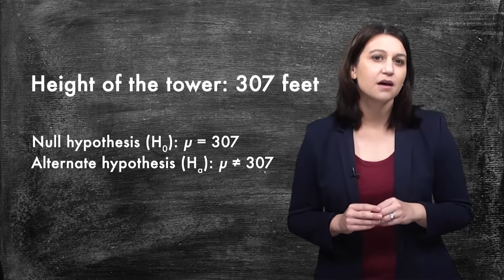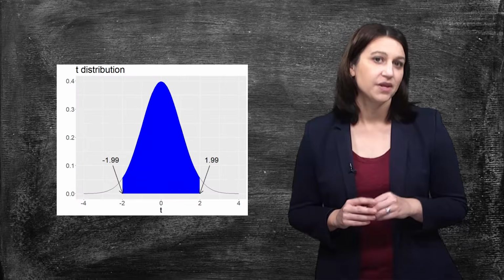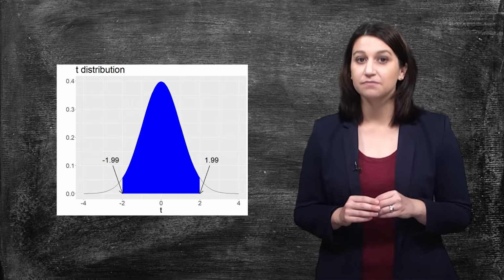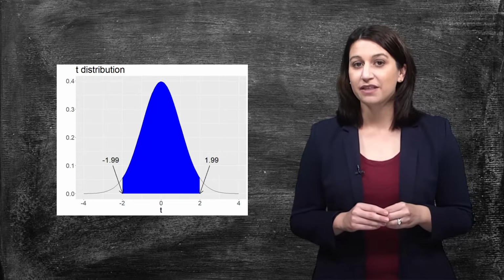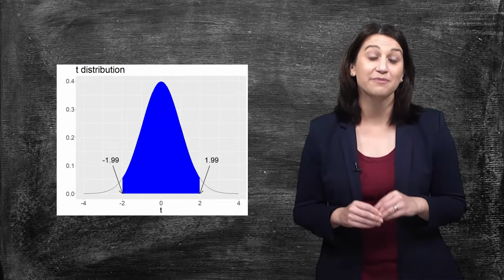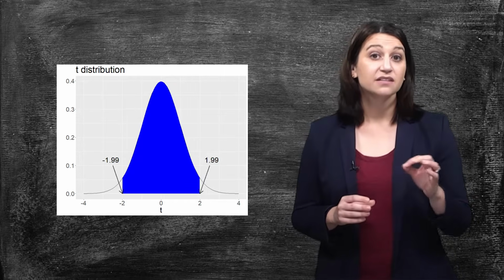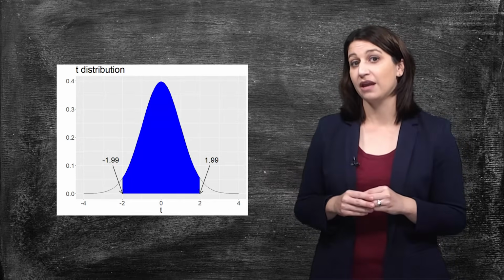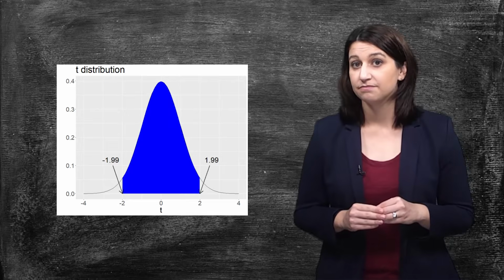So let's think about our t-distribution now. When we calculated our t-statistic, we subtracted our sample mean minus the value from our null hypothesis and then standardized by dividing by our standard error. So our t-statistic is telling us how many standard errors away from the comparison value we are.